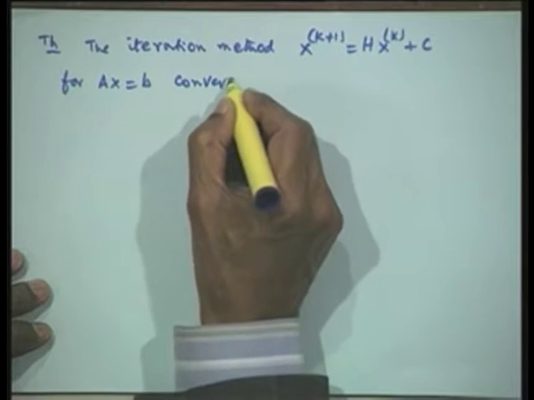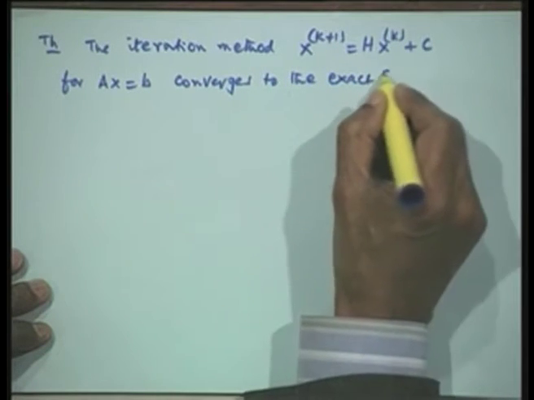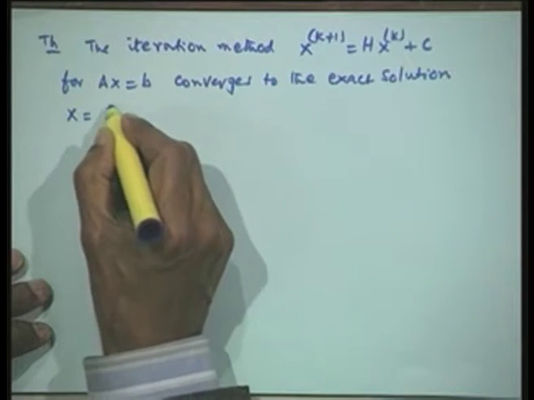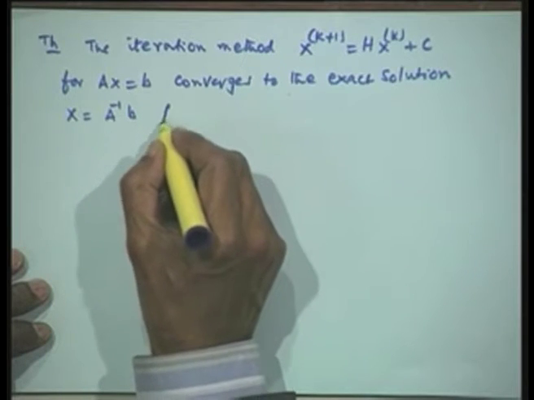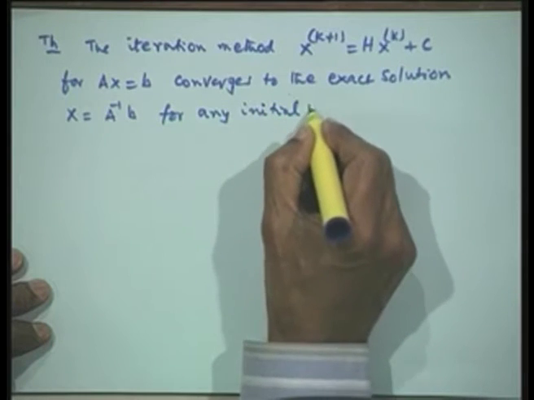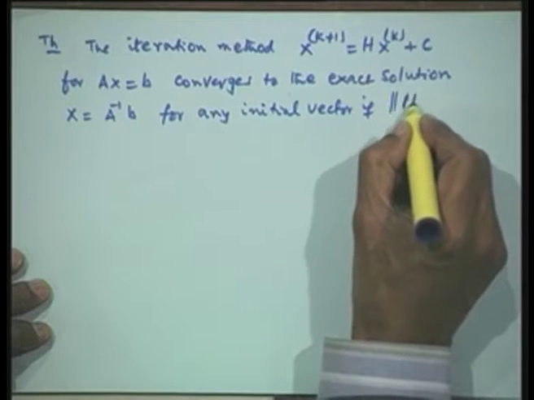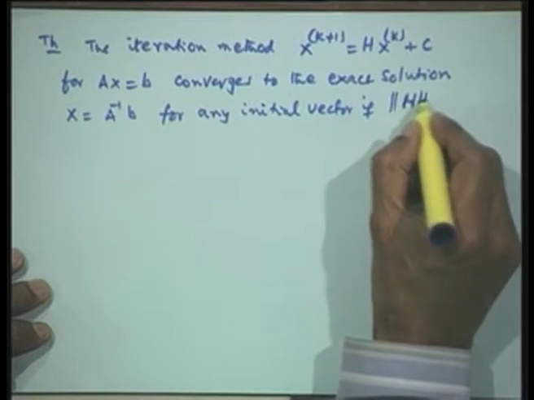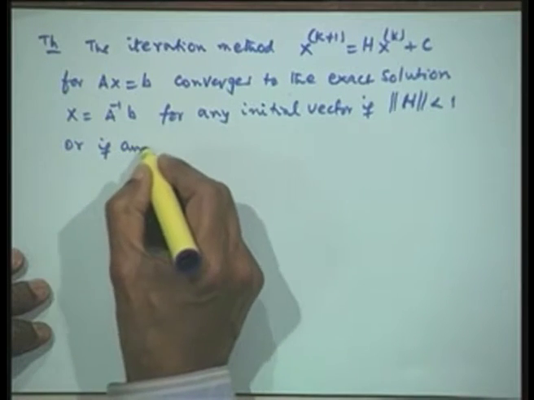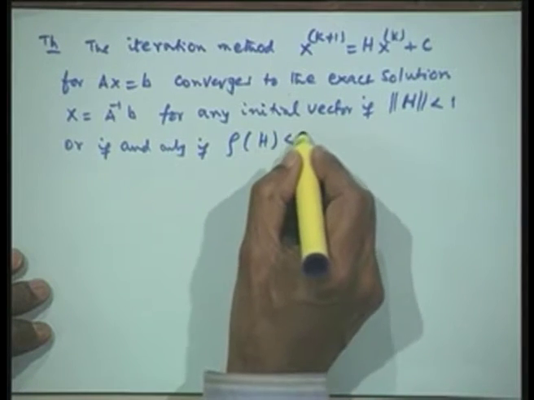It converges to the exact solution x equal to A inverse b for any initial vector if norm of H is less than 1, or if and only if spectral radius of H is less than 1.